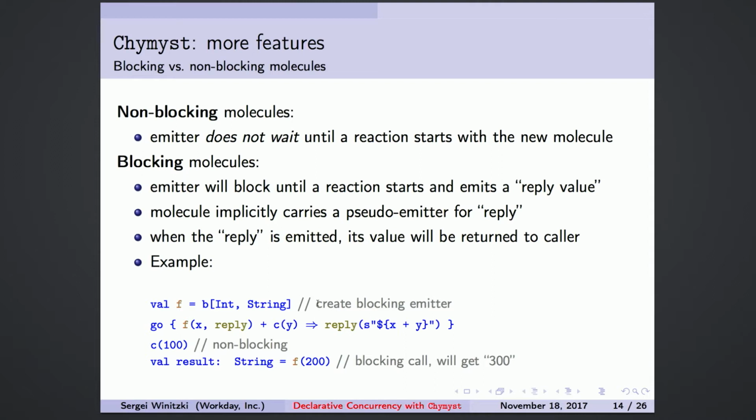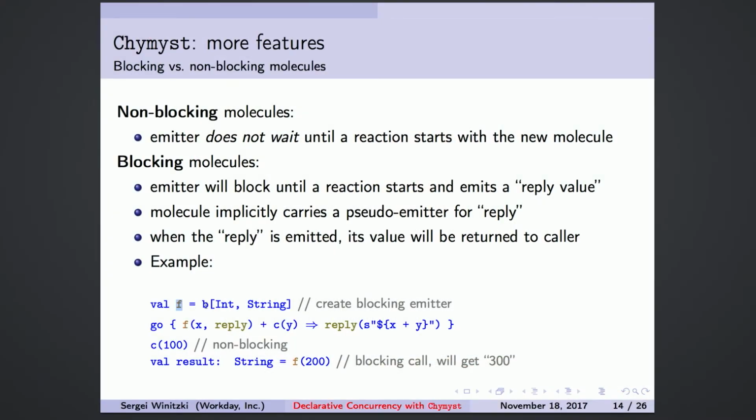There's another feature of the chemical machine, which is very useful, a blocking molecule, which is a molecule where its emitter will block the calling thread until some reaction starts, consumes this molecule, and returns a value back. So in this way, you can implement blocking wait if you need to.